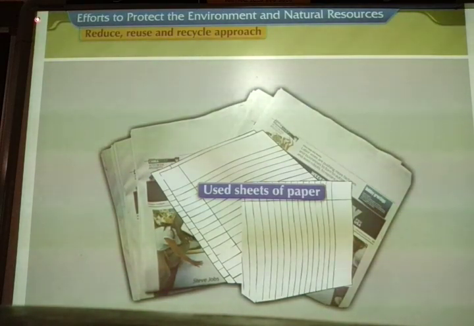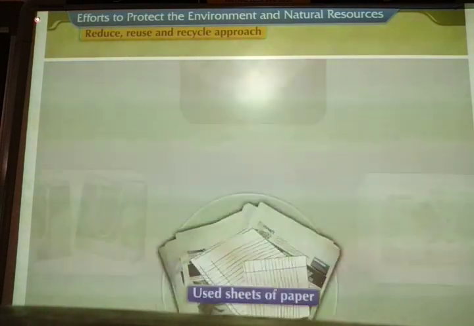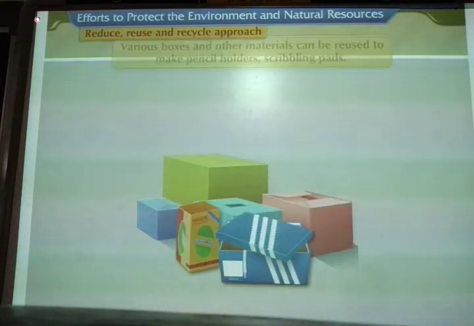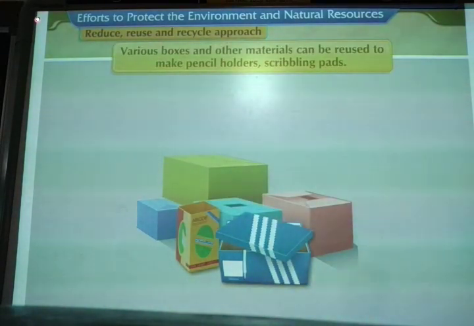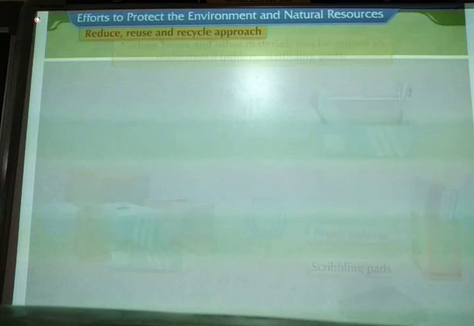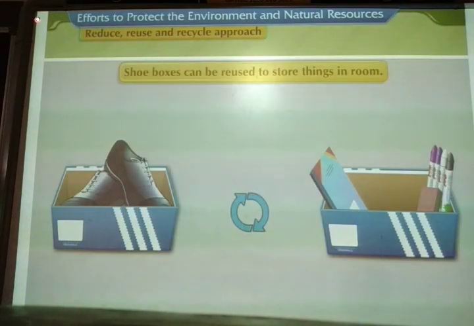Paper can be reused to make useful things like paper bags, greeting cards, and wrapping paper. You can reuse various boxes and other materials to make pencil holders, scribbling pads, etc. Shoe boxes can also be reused to store things in your room.